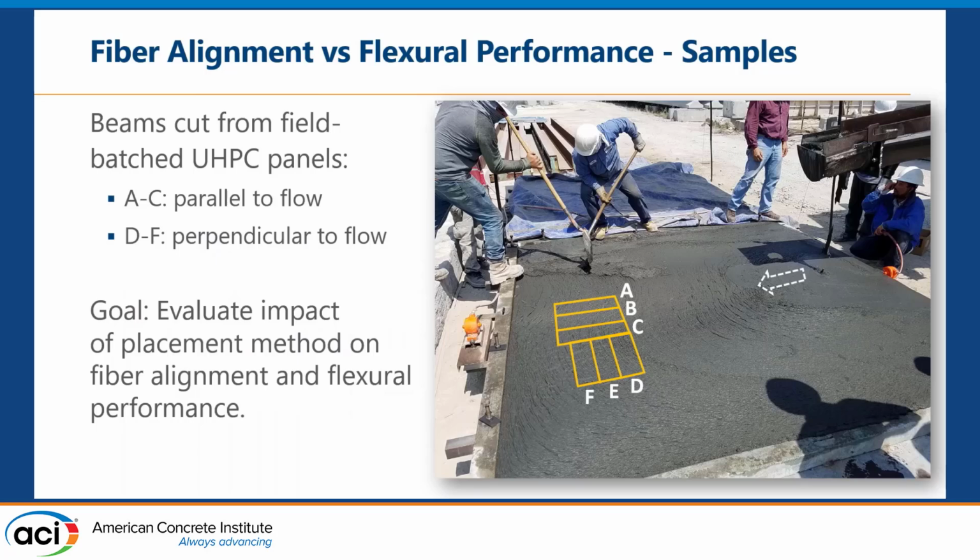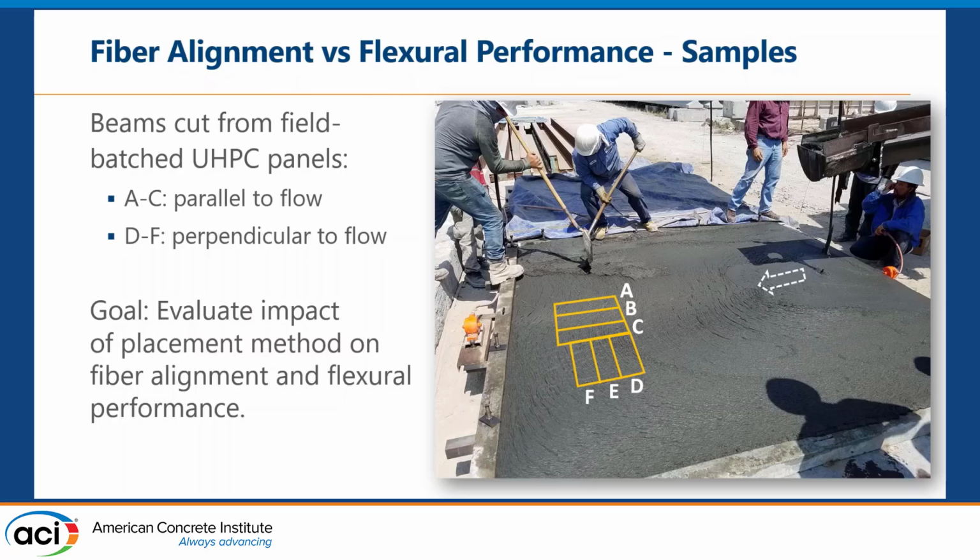So to look at fiber alignment versus flexural performance, what we're seeing here is a 10-foot by 10-foot slab by 4 inches thick. The UHPC was poured at one fixed point from one end of the slab and was essentially allowed to flow freely to the other end to fill the slab.